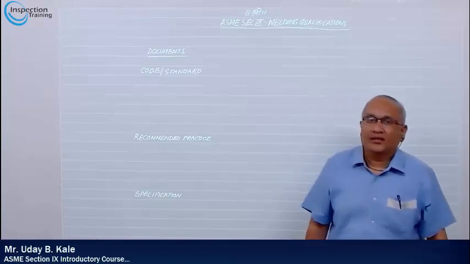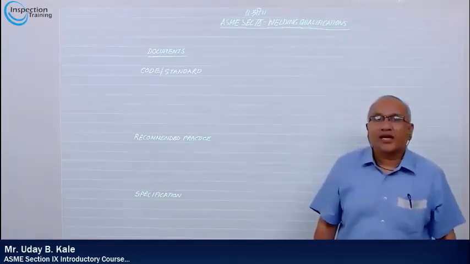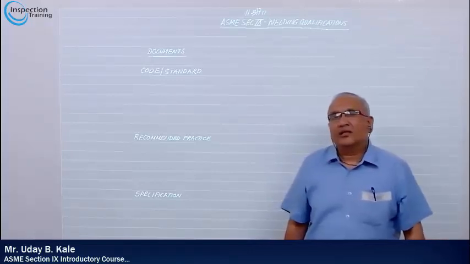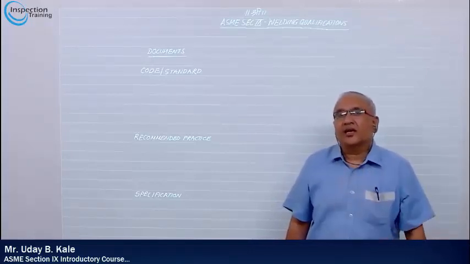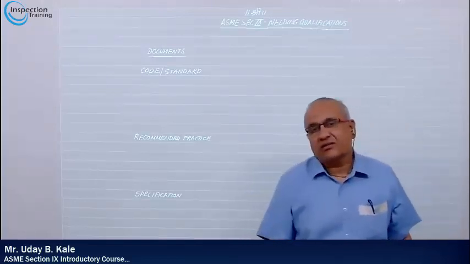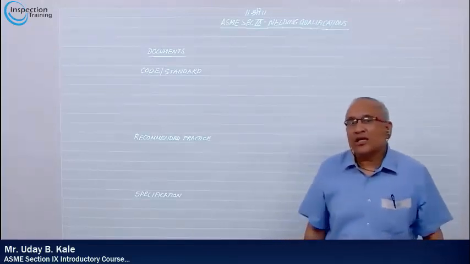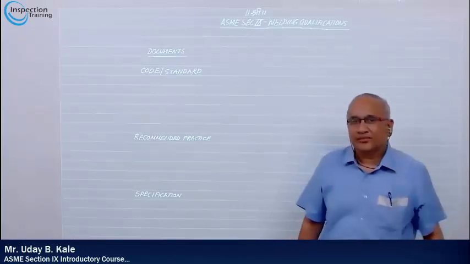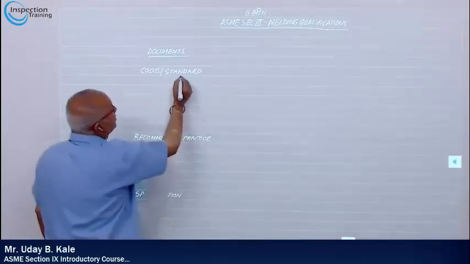Why? The reason for that is that a standard, when it has a legal status, it is termed as a code. Okay? So standard, when it has a legal status, it is termed as a code.